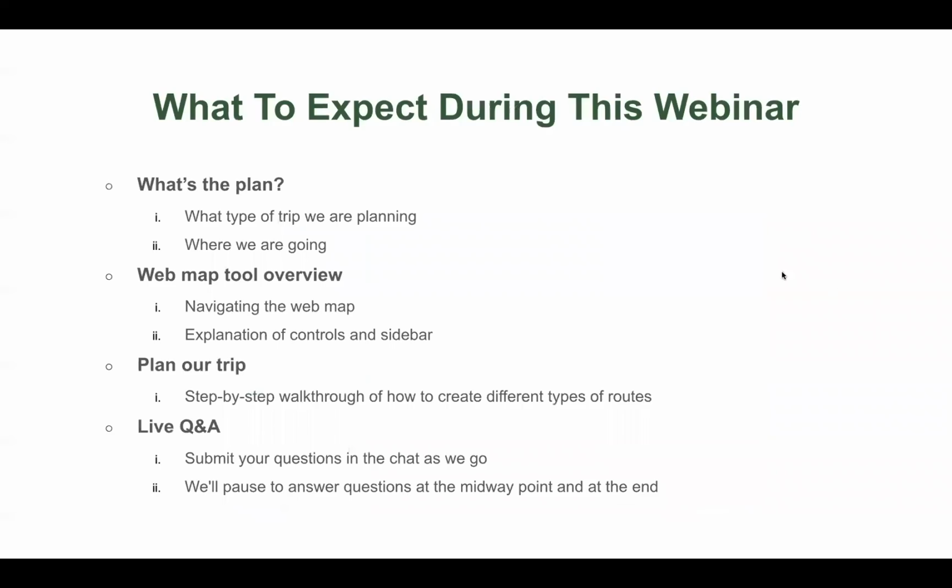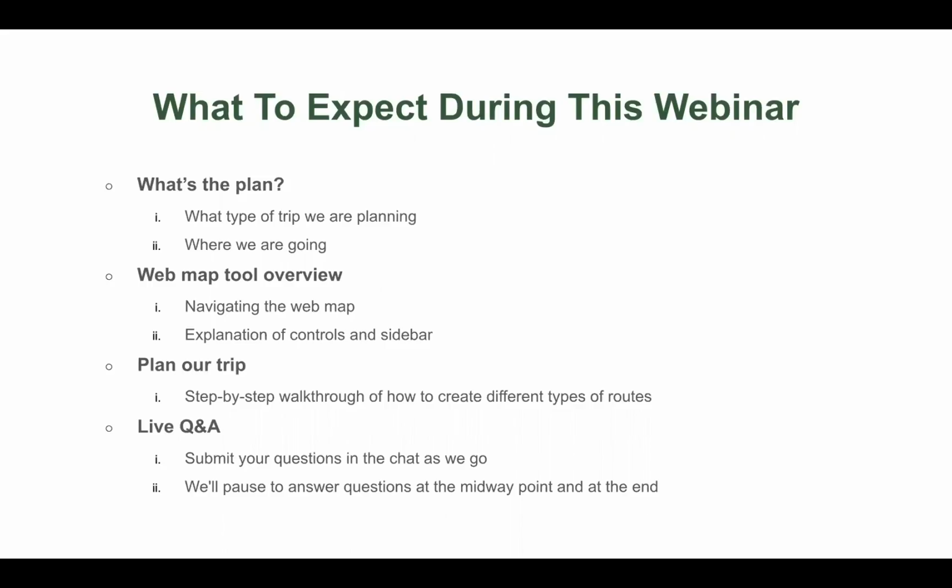Let's move along. So what can we expect during today's webinar? So first we'll talk about our plan. We'll go through what type of trip we're planning and where we're going. Next, we will be doing a web map tool overview. We'll be talking about how to properly navigate the web map, as well as an explanation of all of the controls and the sidebar. Next, we'll get into the meat of our presentation.